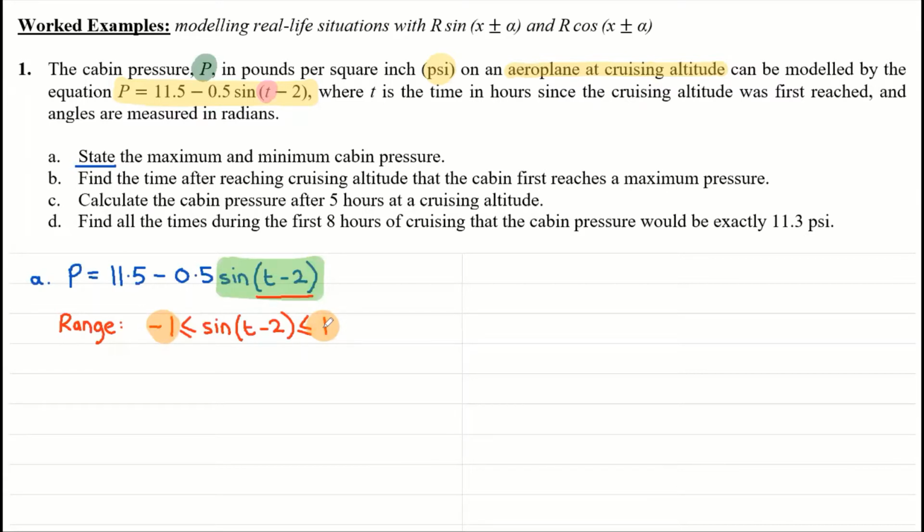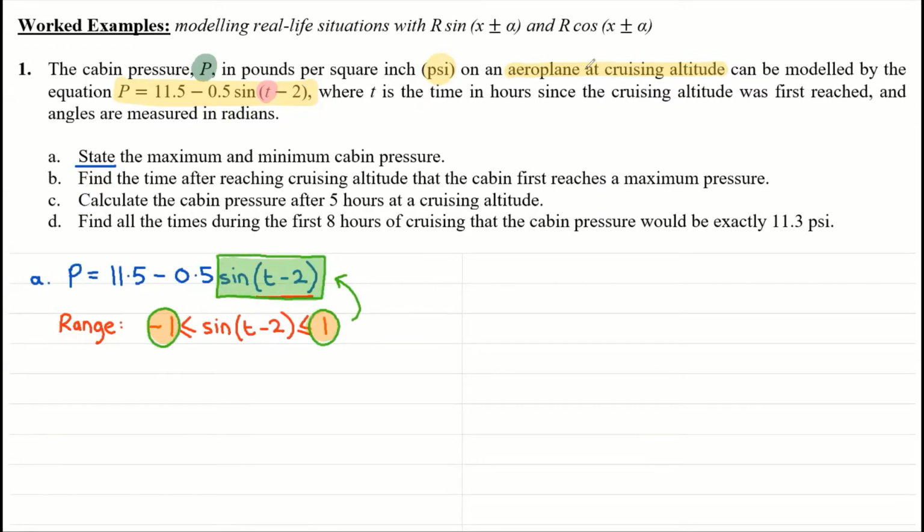So how does this play out in our question? Well, the easiest thing to do is just take these values that we've just figured out, the -1 and the 1 here, and we'll sub them into our P function. Okay, so I'm going to basically replace the sine function here. Because I know I've got a maximum and a minimum, if I replace that sine function with both of these two values, I should generate a maximum and minimum value of P. Now, this is what we've got to be careful with, and you'll see why in a second if you've not spotted already.